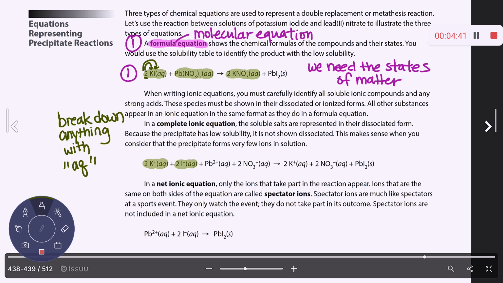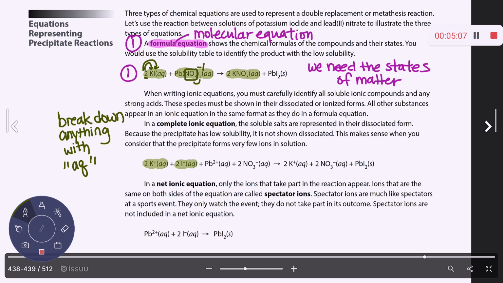Okay, and then for the next compound, there's no coefficient in front of this lead-2 nitrate. So I have a lead ion, and remember how we determined the charges on transition metals a long time ago? How we started on the right-hand side? So this NO3 right here, you have 2 of these NO3s, but the charge for NO3 on the periodic table is what?